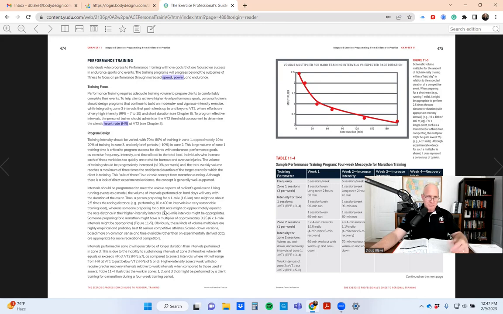6.2 miles, right, for a 10K. How many? 6. Does that make sense? So a total of 6 miles. A 10K race is a total of 6.2, just rounded down to 6. So your intervals are going to be the race distance. If your race distance is 6 miles, you're going to do 6 intervals of, in this case, a mile.